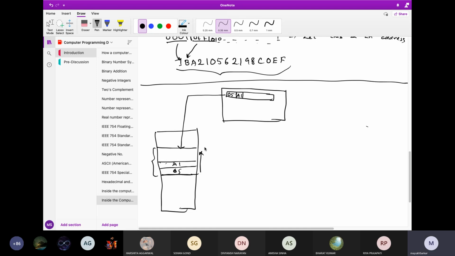Now, after it is loaded, the application is loaded into RAM from lower address towards higher.